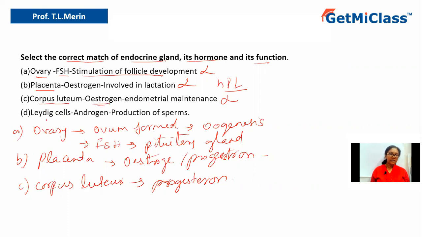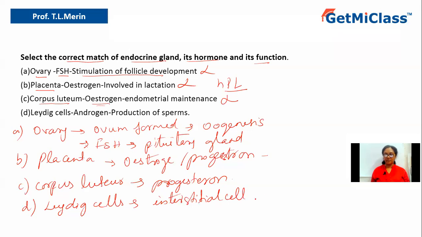Then option D says Leydig cells, androgen, production of sperm. So what are these Leydig cells? Leydig cells are also known as interstitial cells, which are present within the seminiferous tubule.